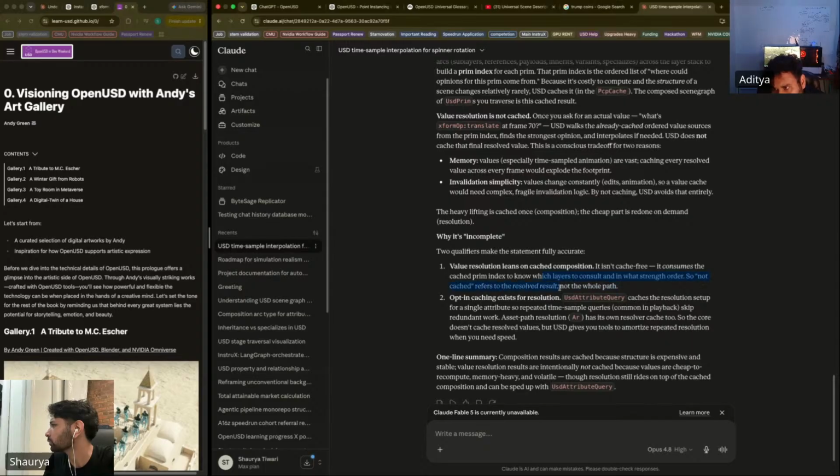Not cached refers to the resolved result, not the whole path. Opt-in caching exists for value resolution.